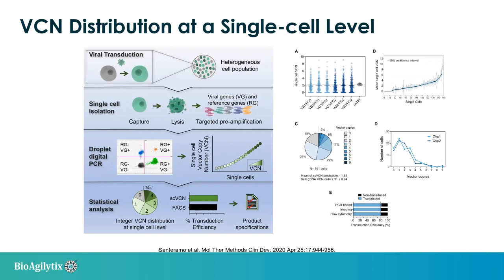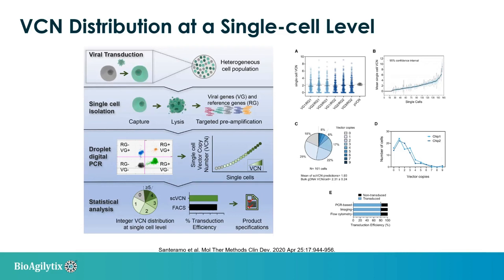As shown on the graph on the right, although the average VCN among all cells was comparable to the population VCN, there was a high level of heterogeneity in the VCN at the single-cell level. The highest vector copy number per cell was about 9, so it's very different compared to the average VCN of 2.